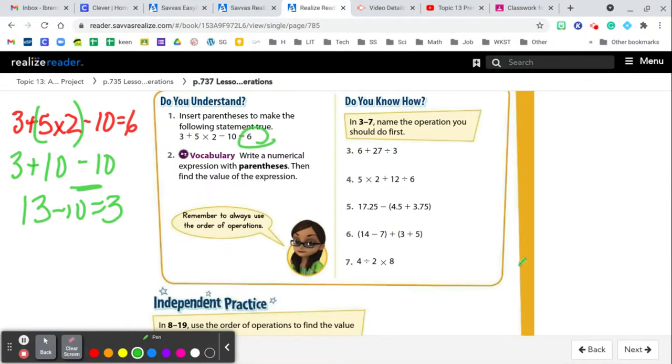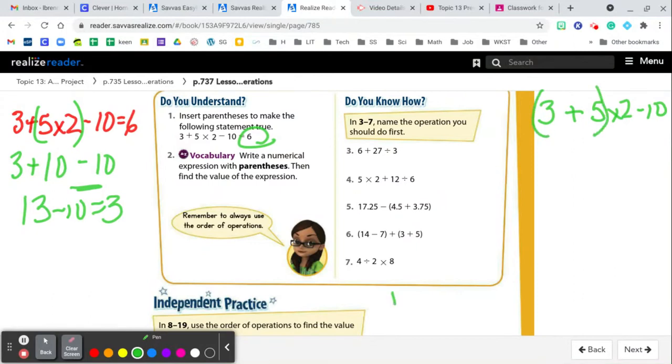They're telling us that there's parentheses in here. We forgot to put them in. Where do they belong? How can we get a 6? So let's try over here. 3 plus 5 times 2 minus 10. We already know we can't isolate the 3 times the 2, so how about if we isolate the 3 plus the 5?